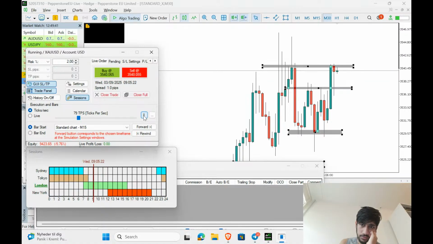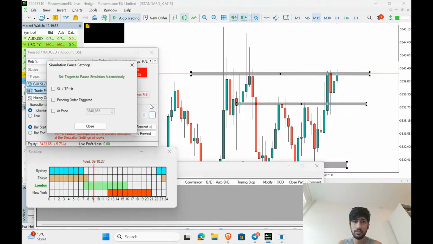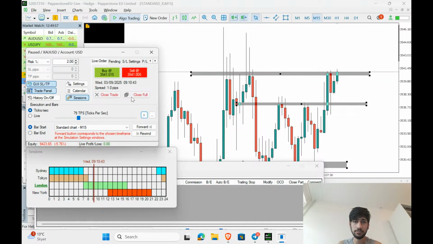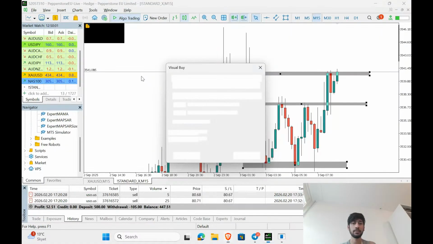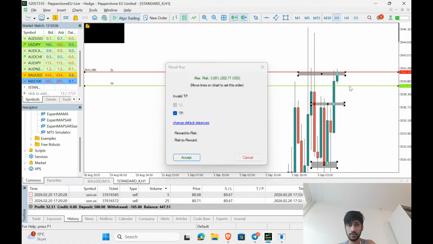Wick down, yeah, break the high right there. Oh fuck, yeah, 15-minute, yeah, break the high, brother, right there. 3% buy. 30-minute, H1, see, stop loss right over here, take profit.